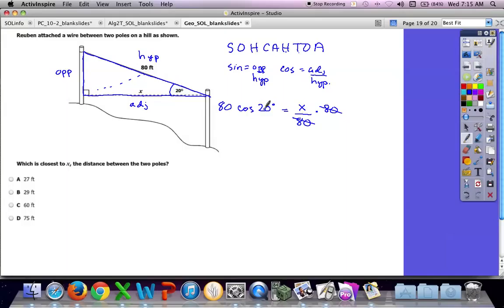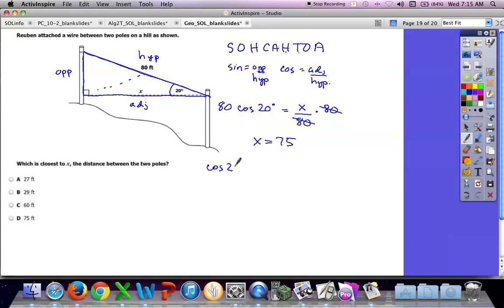Looks like all of their values are whole, there are no decimals after it. So x equals 75.